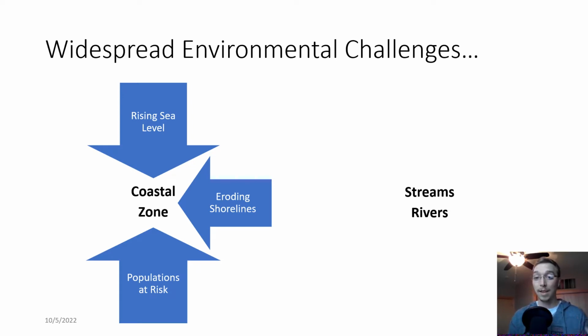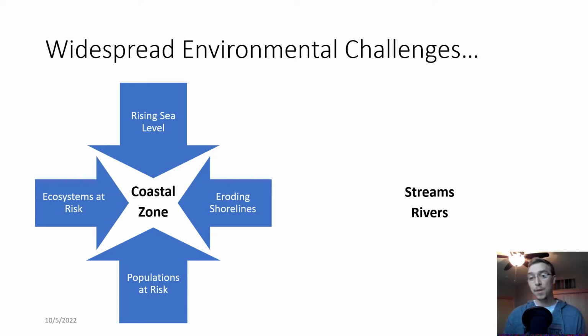If we think of Hurricane Ian that just ripped through Florida, very recently prior to the recording of this video, there's a lot of damage and a lot of people affected. These are natural disasters that we have to examine. Based on where the majority of our population lives, the coastal zone is one of the most impacted areas across our world. And then ecosystems are at risk as well.